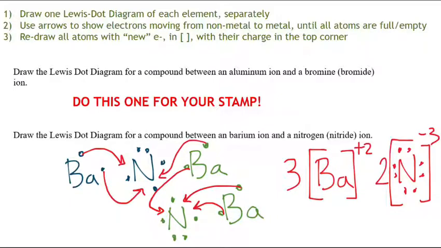So if you do see a pattern, then use it as you're finishing out that last problem that I skipped over. If you don't see it yet, just follow these steps, 1, 2, 3. Try and finish out that problem if you want to be able to get a stamp. And then in class, we will talk about a shortcut we can take to figure out how many of each we're going to need.